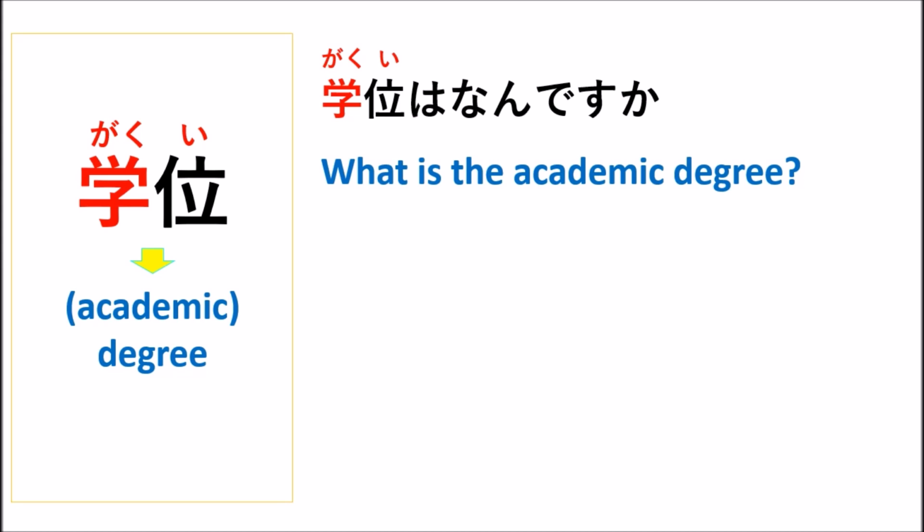And after that you have a master or doctor degree. So this is about the level of education. In a case like this, we can use 学位 to separate. It means the position or the level of the education.